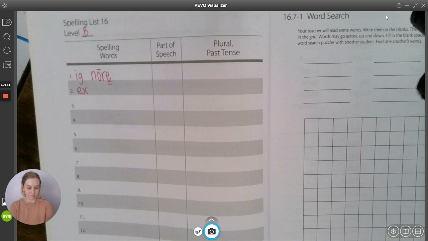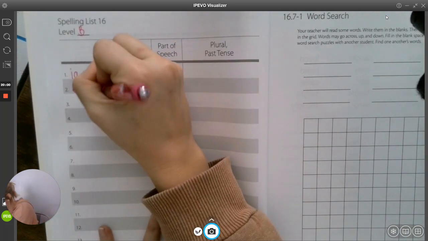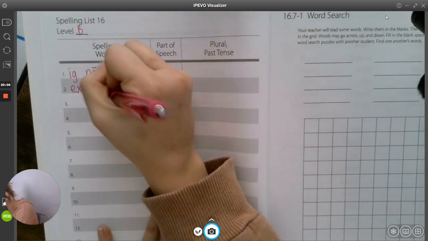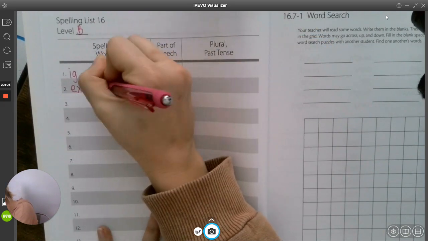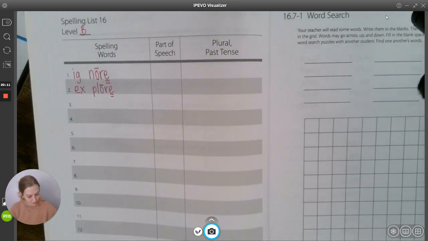Sound it out. P-L-O-R. Finger spell. P-L-O-R. Silent final E. All right, so again, silent final E makes O say its long sound. Good job.